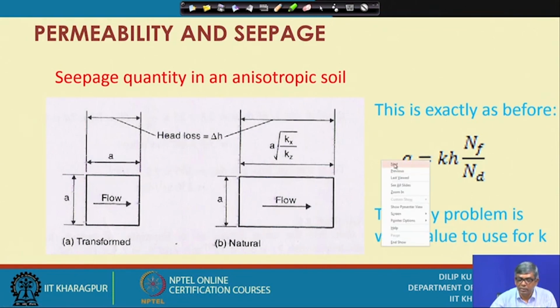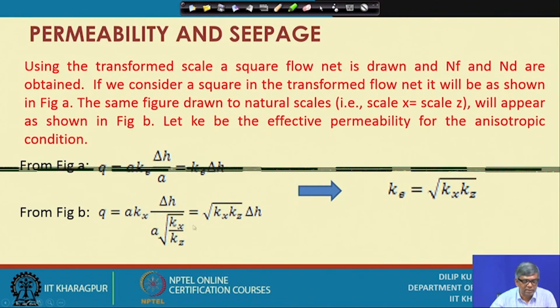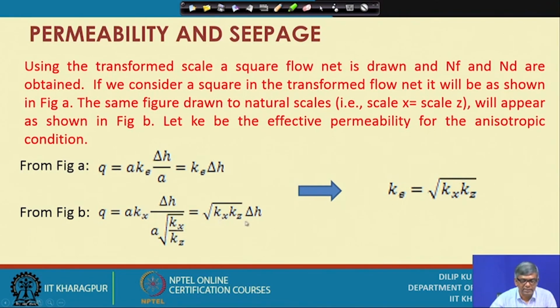So A K x del H divided by this: the A and A get cancelled, del H is there, and K z comes here, and K x and K x become under root K x. So that means Q equals under root K x K z into delta H.